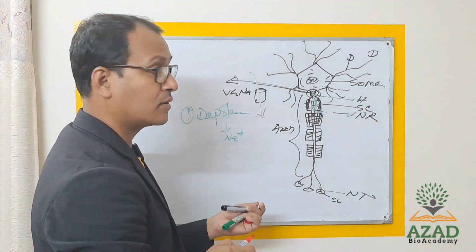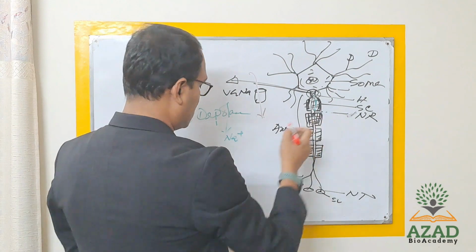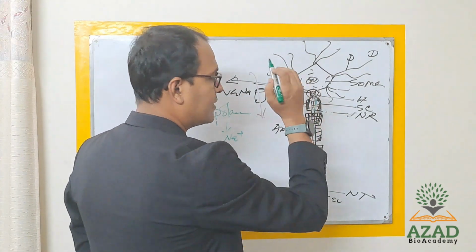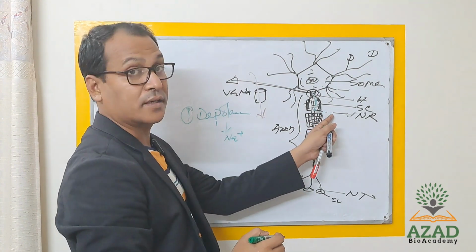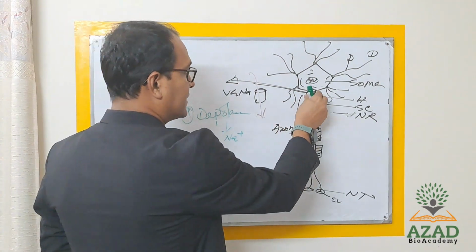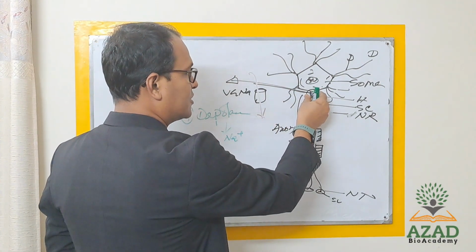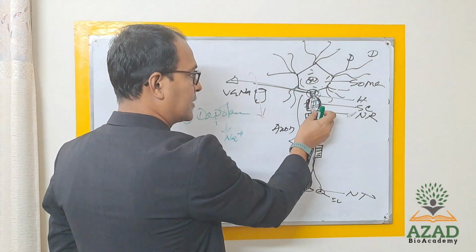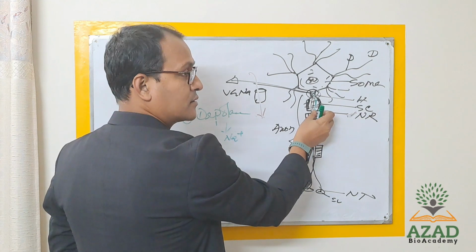Okay, so what will happen? Again sodium will enter, then here again depolarization will create. That means exactly action potential will generate in the halo, and here action potential will regenerate.